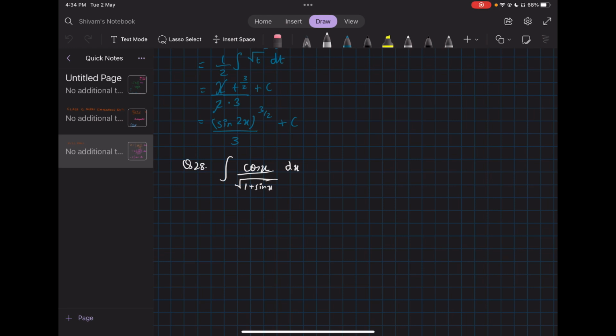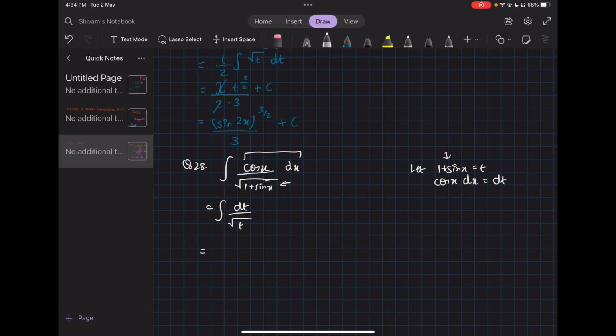Here we have two values, so we don't know how to deal with the root, right? So I'm gonna let 1 plus sine x equals t. Then I'm gonna differentiate both sides. That's gonna give me cosine of x dx is dt. So the numerator here becomes dt, and the denominator, of course, is root, and then we took 1 plus sine x to be t.